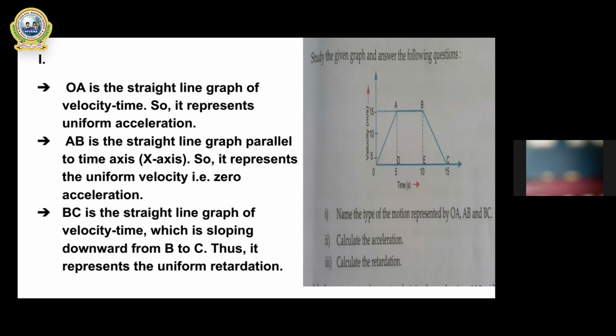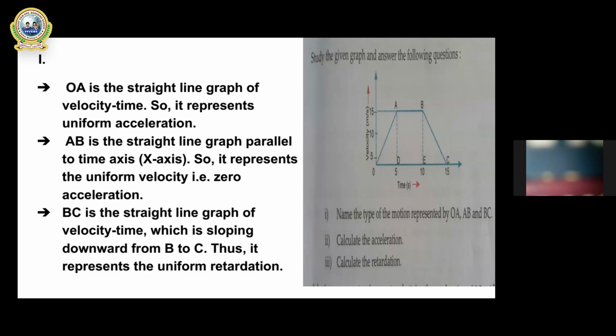Clear? Now the second line AB. If you see the line AB, you can easily find that it is parallel to the x-axis, and on the x-axis we have the data of time, so that is the time axis. Whenever a line is parallel to the x-axis, its slope is zero, and its slope being zero means what?